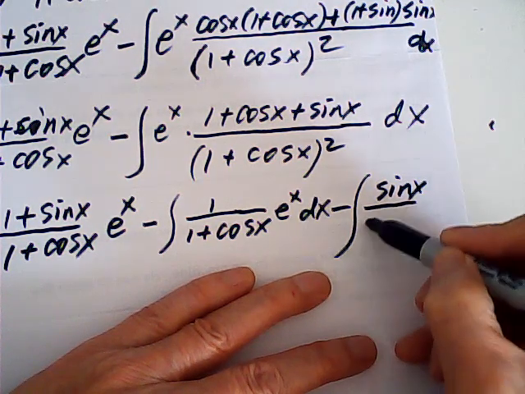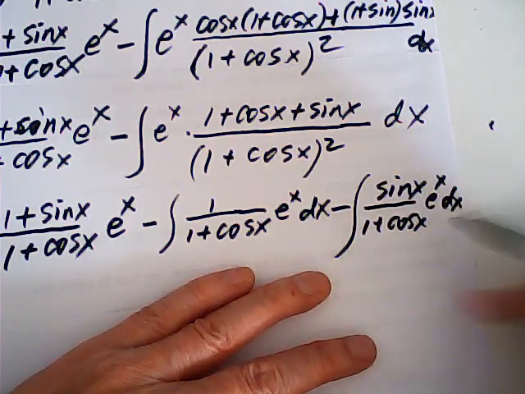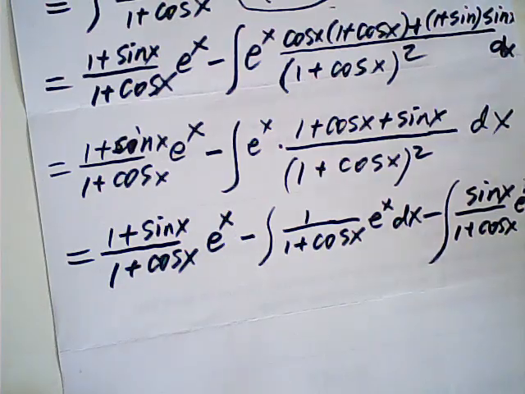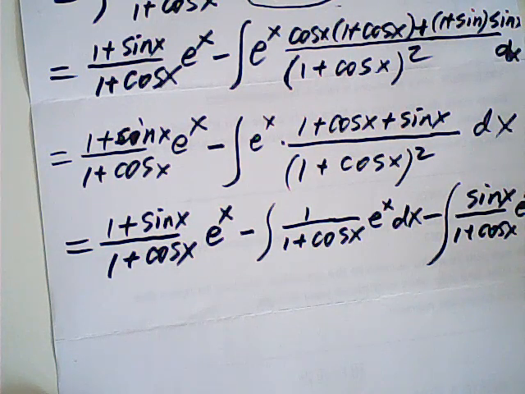Sine x over 1 plus cosine x, e to the x dx. That's right.